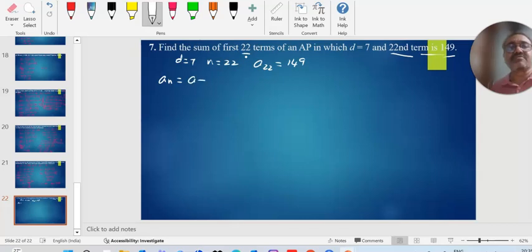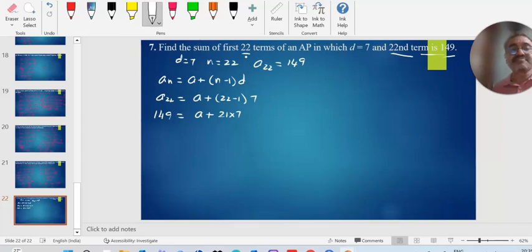An is equal to A plus n minus 1 into d, whereas A22 is equal to A plus 22 minus 1 into D. Now what is A22? 149 is equal to A plus 22 minus 1 is 21 into 7.